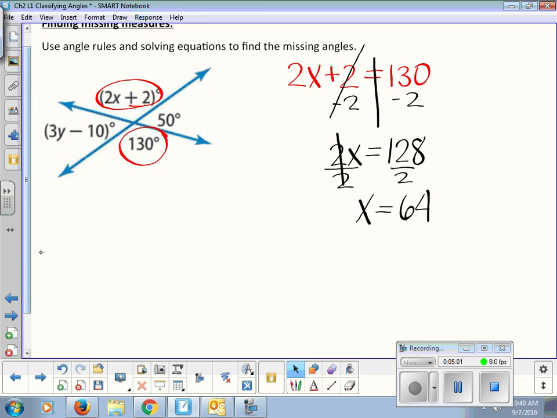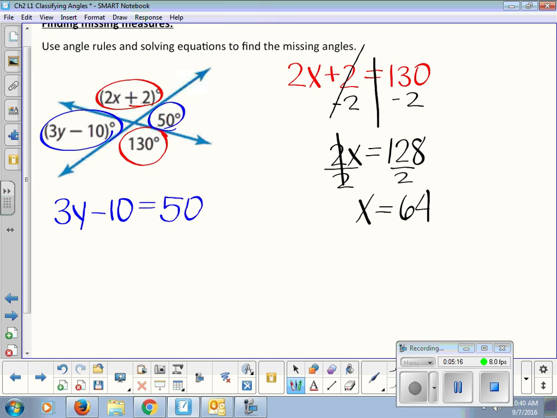Okay, we also have another unknown, and that is our y. We have 3y minus 10. And what can we set that equal to? 50, because these are vertical angles, and vertical angles are congruent.